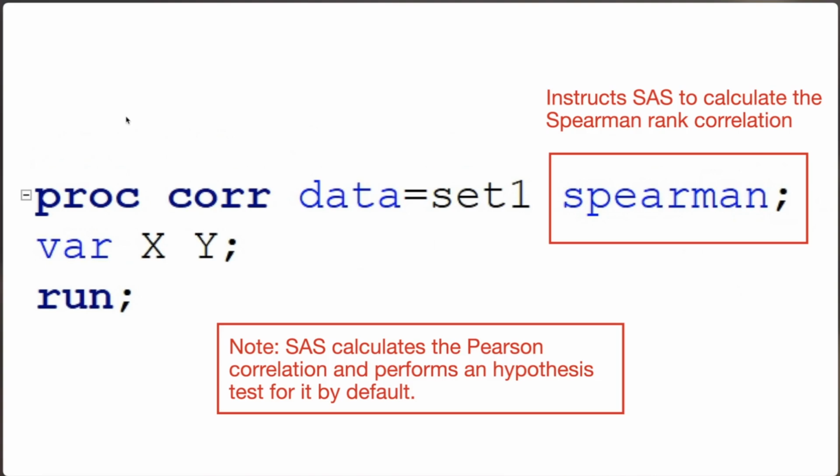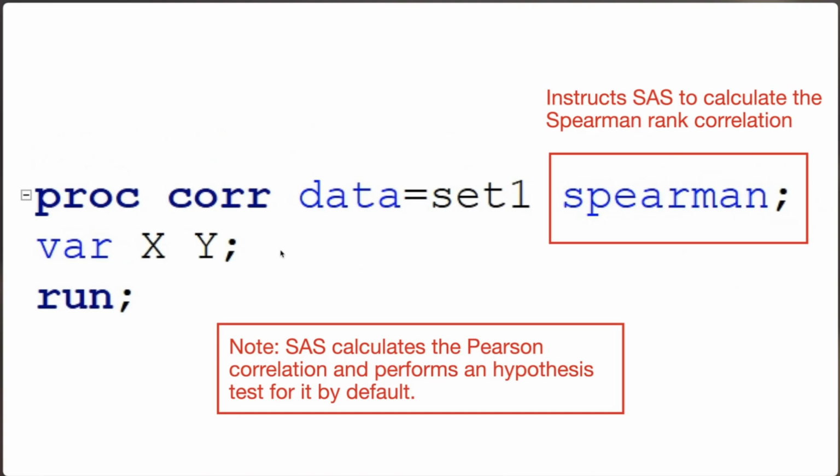So the capability in SAS to perform this correlation analysis is encapsulated in the corr procedure in SAS, so proc corr. And in order to get SAS to do a Spearman correlation analysis, we need to give it an option, and that option is Spearman. And so when you include the Spearman option in the proc corr invocation, then this instructs SAS to calculate the Spearman rank correlation and to perform that hypothesis test that we saw on the previous slide.